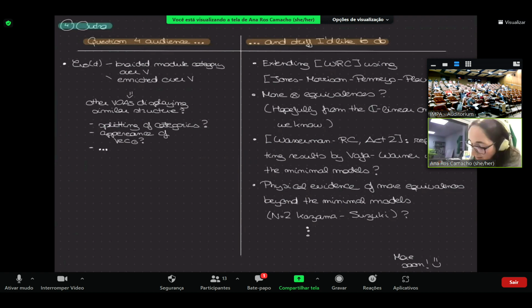The CNS of D, also PT, I'm just taking this one because it's the one related to VOAs. We have observed it has this very nice braided module category structure over the braided vector spaces. We also have observed, analogously, that this category can be enriched over these vector spaces. So what I'm wondering lately, since we proved this, is: are there any other VOAs displaying a similar structure?